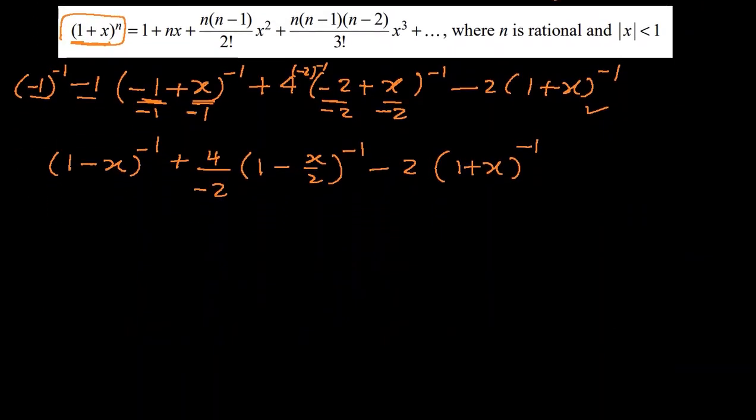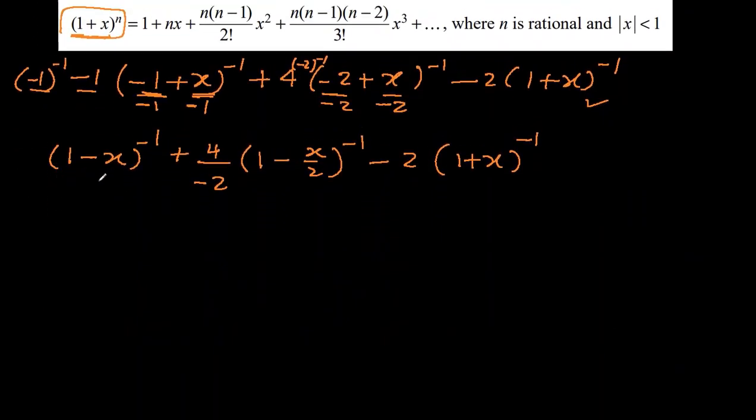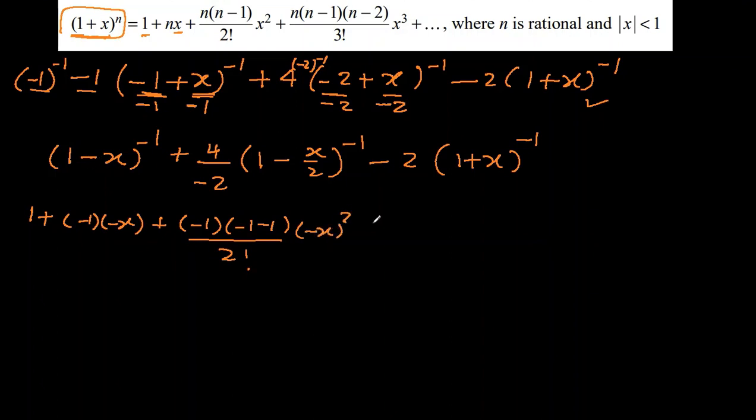Let's apply them one by one. So let's apply to this one first. So it becomes 1 plus n, which is -1, times x, and x is not x. It was plus x, that's why it is x. In our case it is -x, so we have to write -x. Then we have plus n(n - 1) over 2 factorial times x squared, and again not x squared, (-x) whole squared.